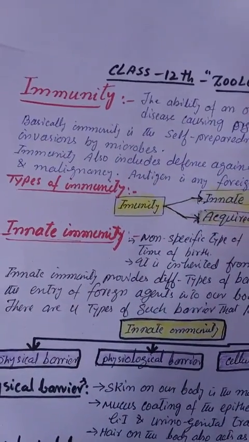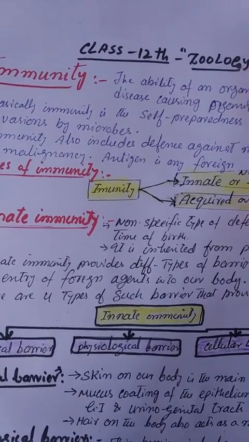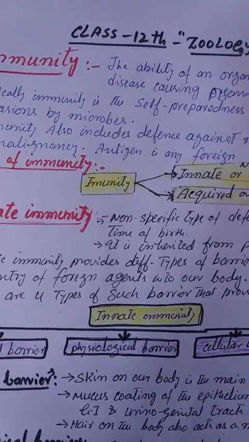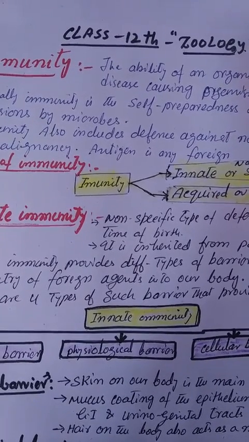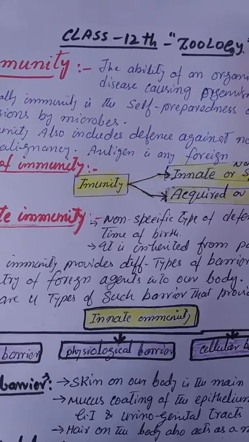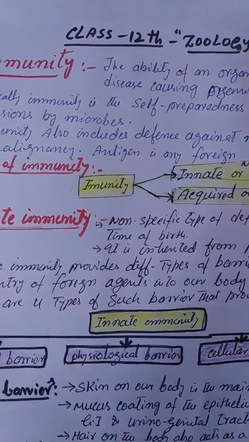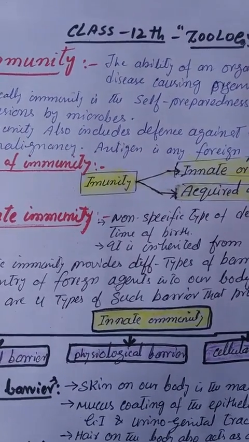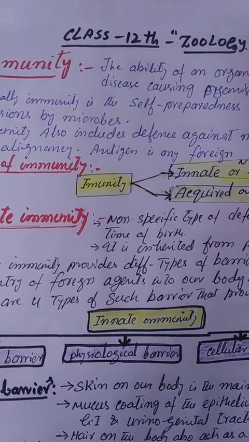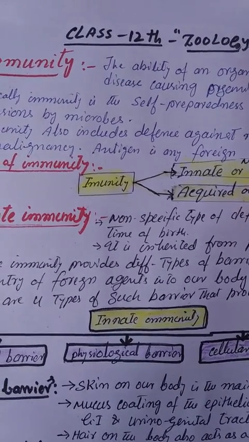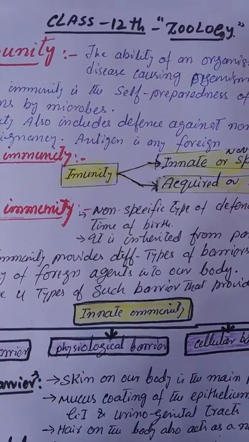My today's topic is about immunity. In our previous topic we discussed various diseases and their causative agents like protozoa, viruses, bacteria, etc. Now, every day we are exposed to these pathogens through food, water, air, etc. But every time we don't suffer from a disease or fall ill.